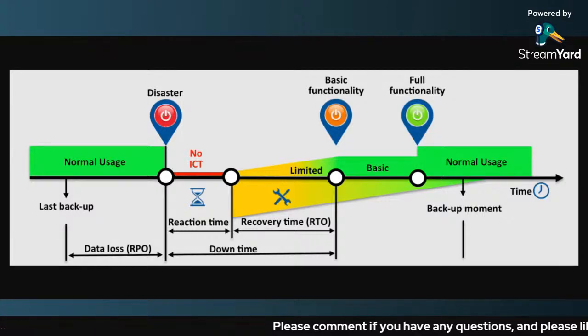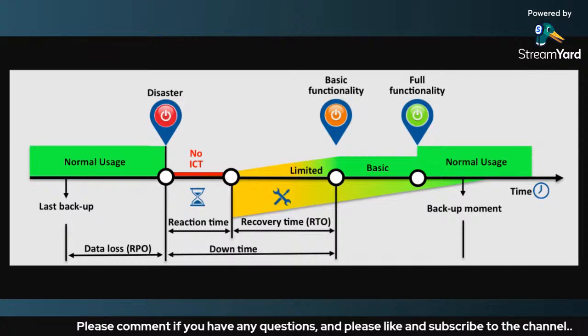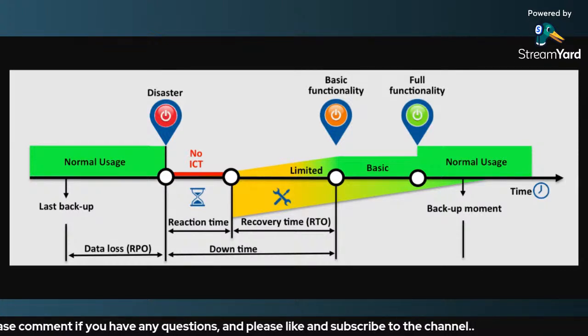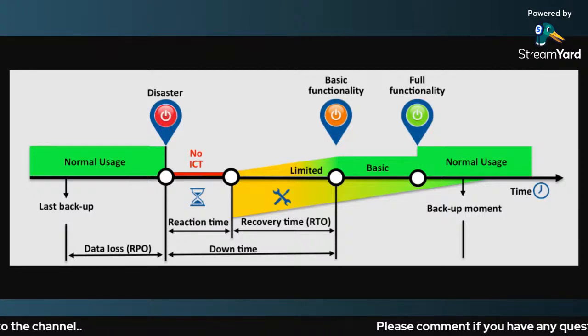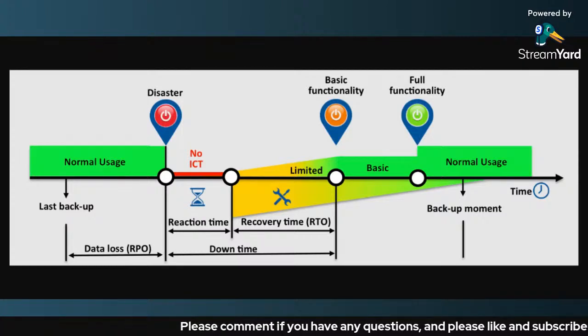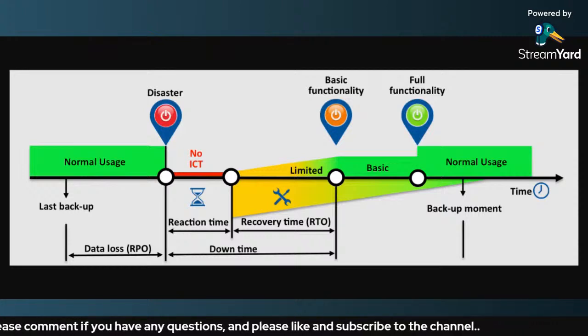Recovery point objective basically refers to how much data loss you can afford in case of a disaster, in case of a failure of infrastructure equipment, such as switches, routers, servers, or any infrastructure equipment, and disasters.